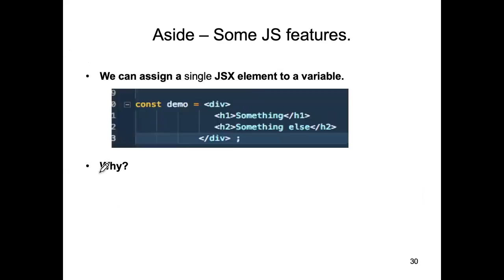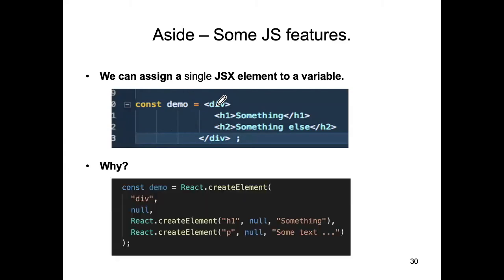The third thing we don't necessarily know about, but what I'm saying here is this is a valid assignment statement. I can assign some JSX, albeit very static JSX, which is not significant. I can assign JSX to a variable. And the question I'm asking is, well, I wonder why is that possible? And the answer is, if you can remember back to how this is actually transpiled, or what it transpiles to.